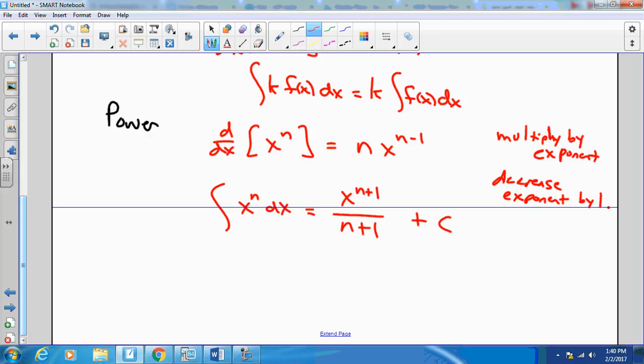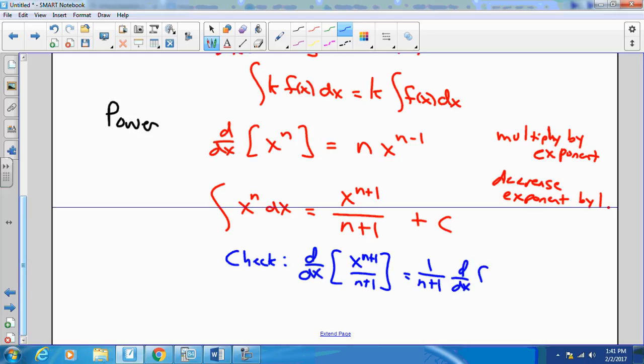Now let's just check this to make sure that it works out. First, constant multiple rule to bring the 1 over n plus 1 to the outside.